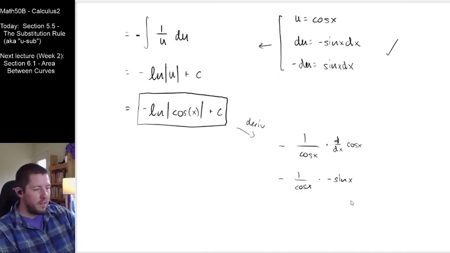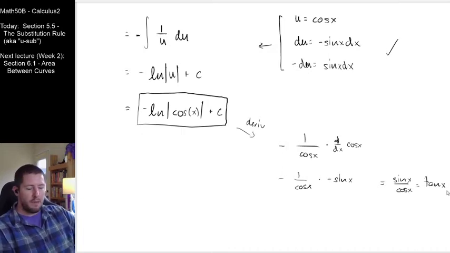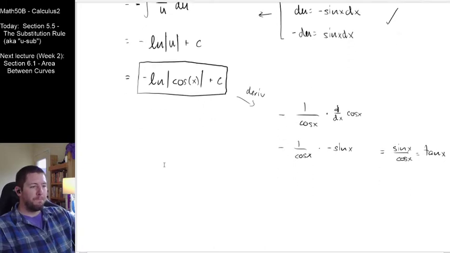The negatives cancel, and that leaves me with sine x over cos x. So remember that you can always check these for yourself and convince yourself that these are correct. But I wouldn't guess this for the integral of tangent. To expect tangent's integral to involve a natural log is weird, and I think everybody's on board with that statement. But it's easily verifiable with a quick derivative.